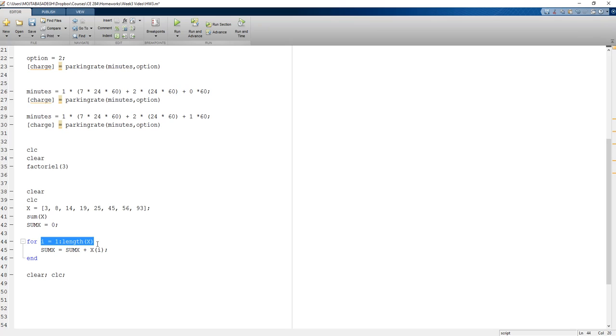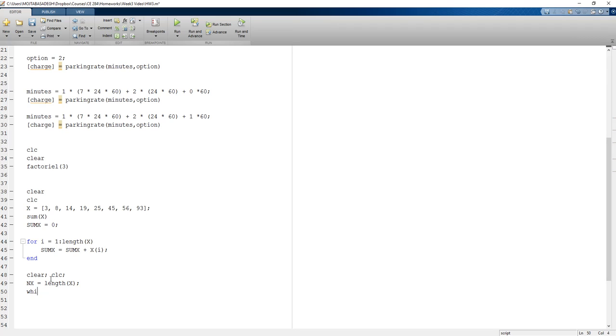For a while loop, we don't really have that counter. What we'll do is say, all right, how many elements are available in x? nx is equal to length of x, right? There you go.